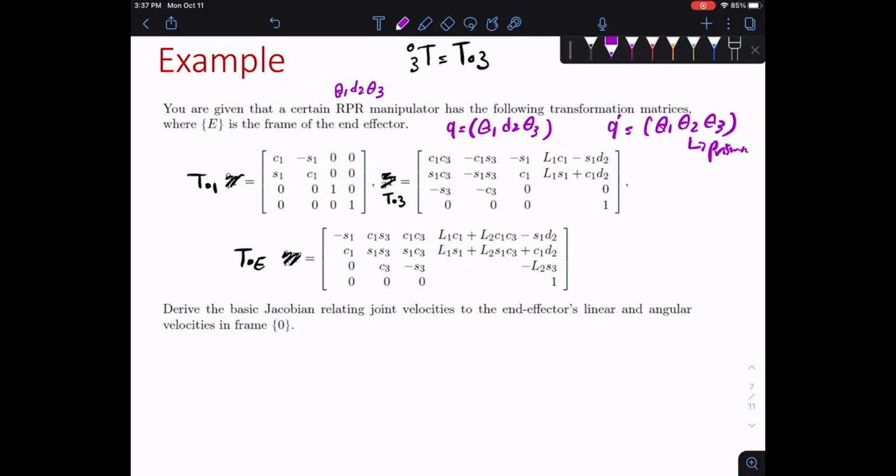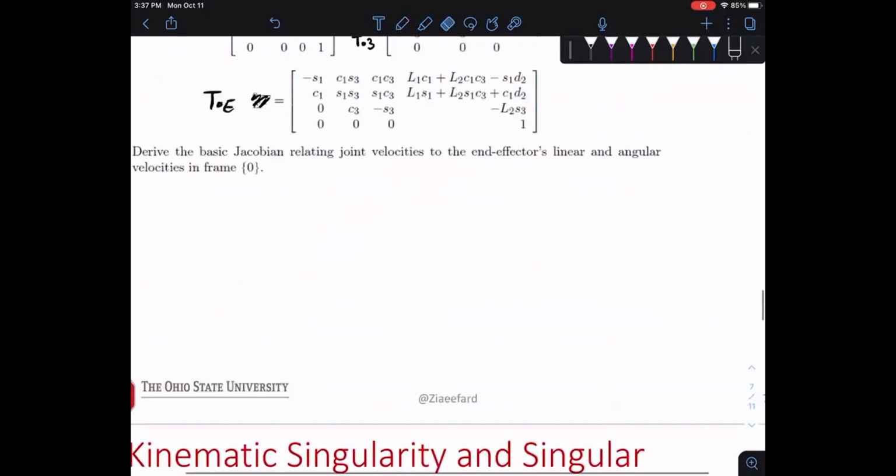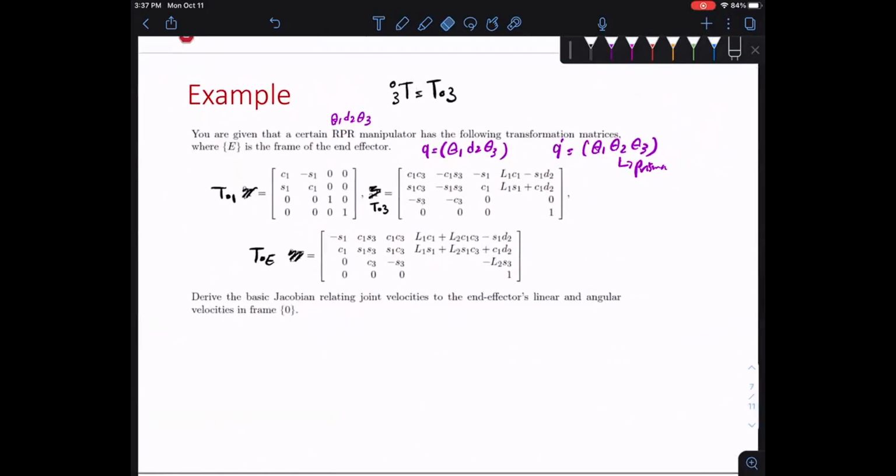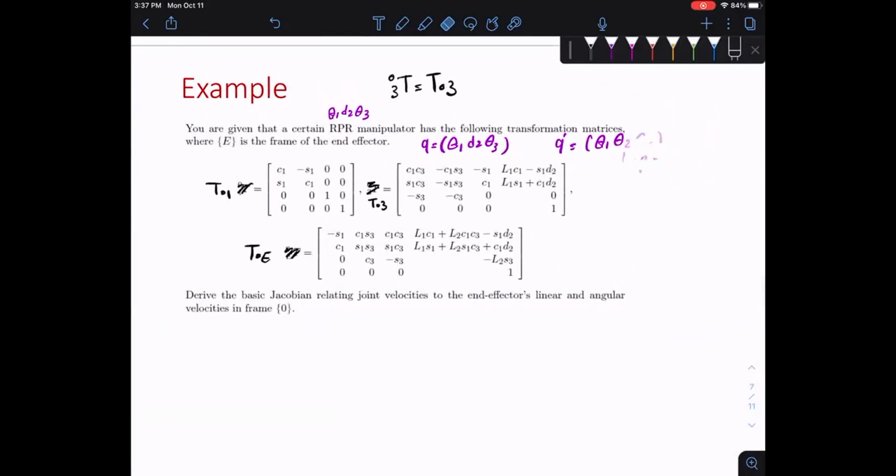Again, there's a convention. As long as you follow your own convention and explain what it is, we accept it. But since here they are using d2, I'm going to call that d2, so it will match the rest of the transformation matrices.